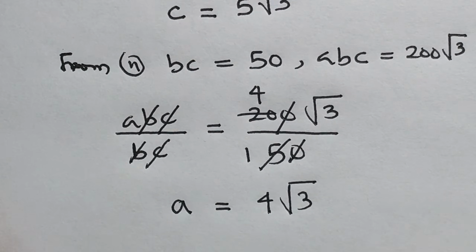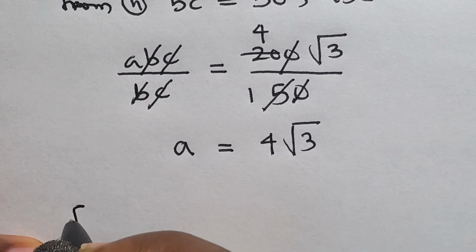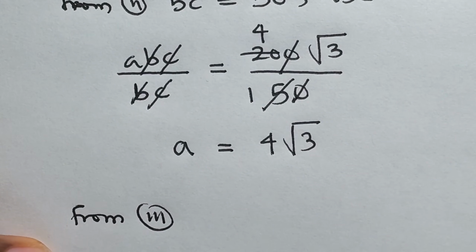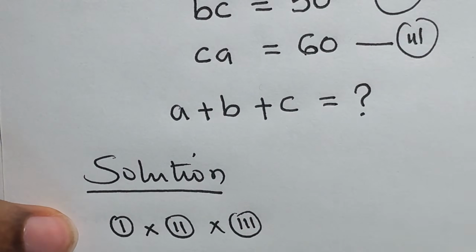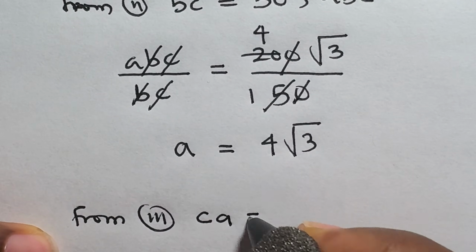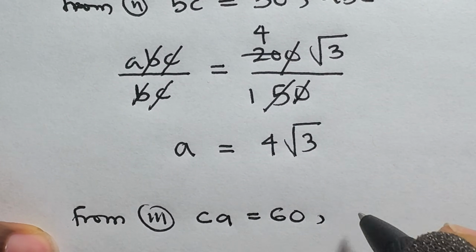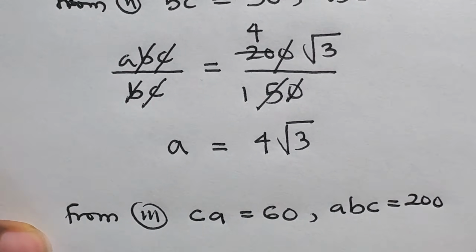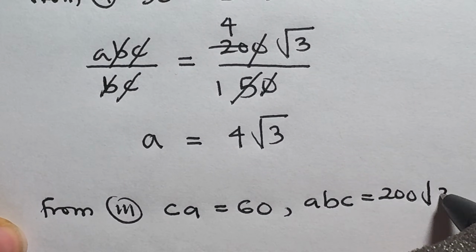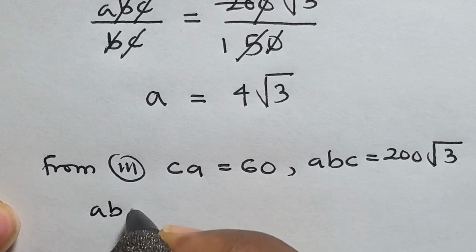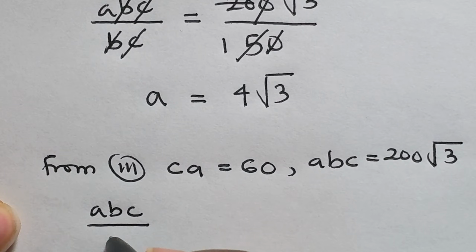Now let us do it one more time. Now we go to equation 3. From equation 3, we're given that CA is equal to 60, and ABC was 200 root 3. So again, we do ABC, this time divided by CA.